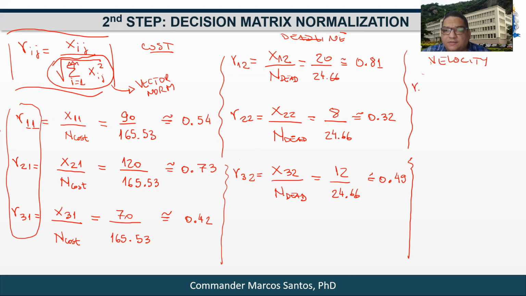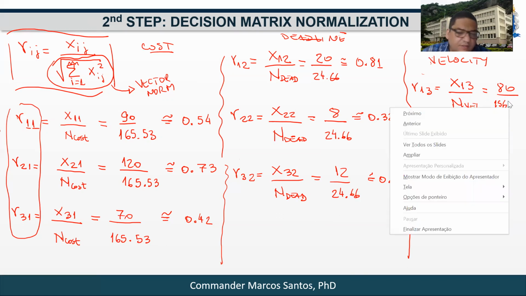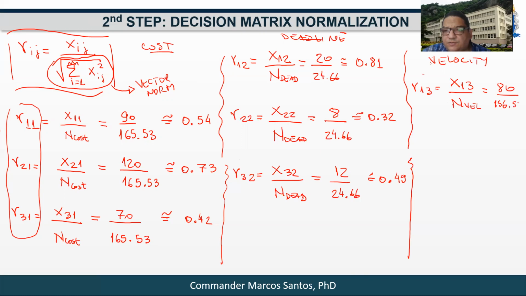So R13 is equal to x13 over the velocity norm, equals 80 over 156.52. R13 is approximately 0.51.